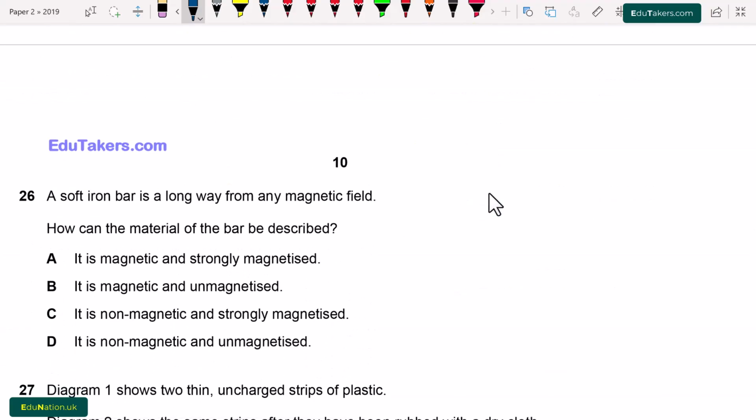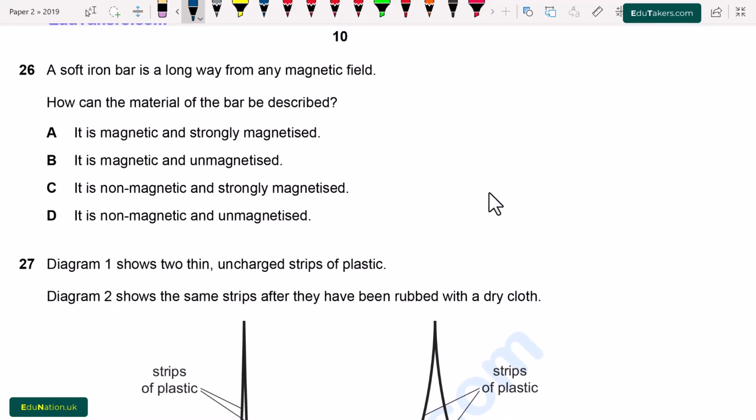Question number 26. A soft iron bar is a long way from any magnetic field. How can the material of the bar be described? A. It is magnetic and strongly magnetized. B. It is magnetic and unmagnetized. C. It is non-magnetic and strongly magnetized. D. It is non-magnetic and unmagnetized.